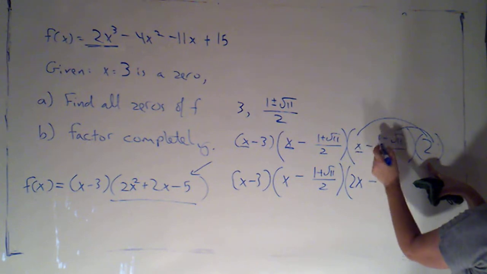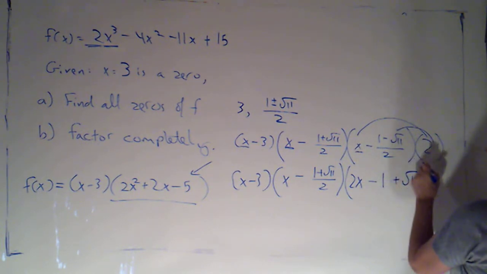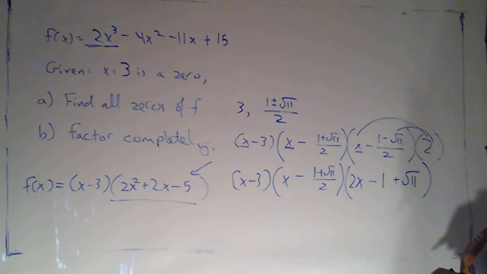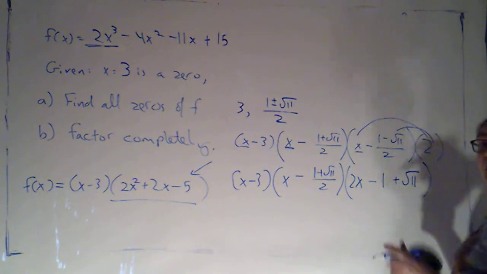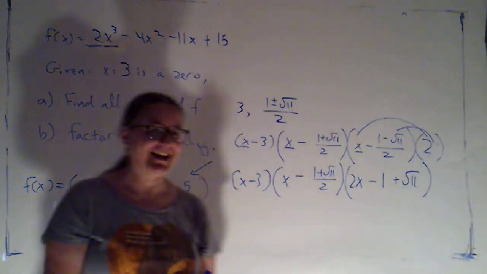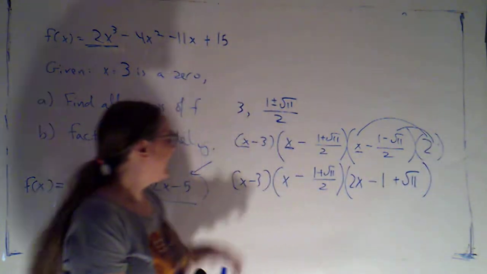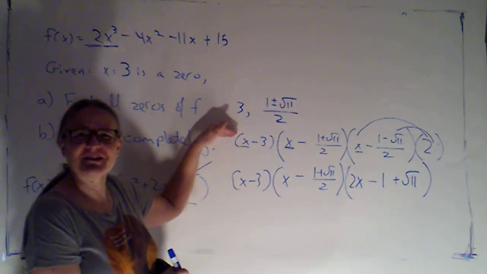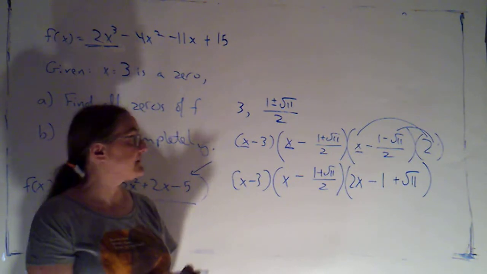Do be careful then, I've got to distribute that negative, minus 1 plus root 11. So it's totally fine to combine a constant factor with a factor that has some x's in it. Either this or this would count as fully factored. I'd probably stop here. I think that's actually simpler than going ahead and multiplying it out. But just wanted to point out that that's a viable option.